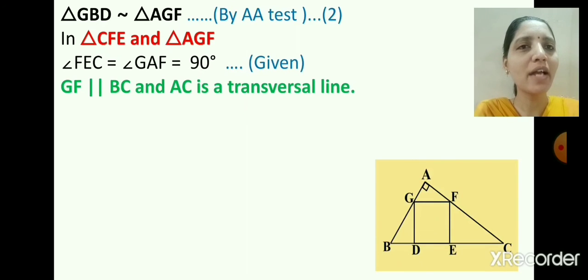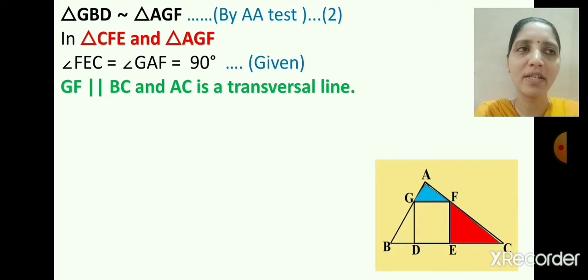After that we have to consider the other two triangles, triangle CFE and triangle AGF. Now what can you show in these two triangles? Yes, angle FEC is equal to angle GAF, that is equal to 90 degrees. It is given to us. Now you have to consider seg GF is parallel to seg BC and AC is a transversal.